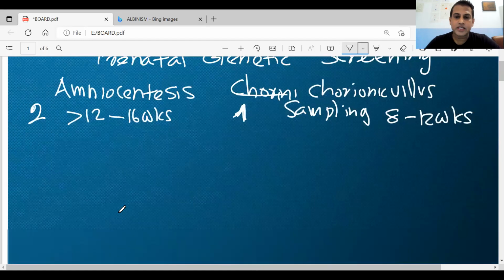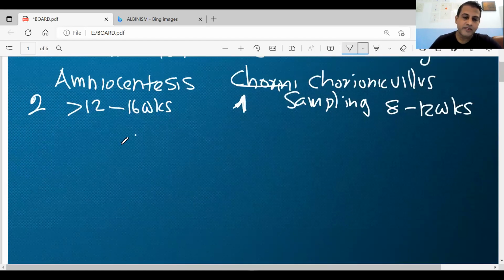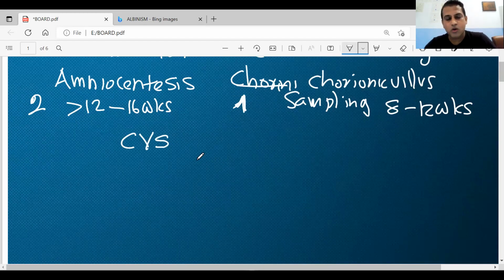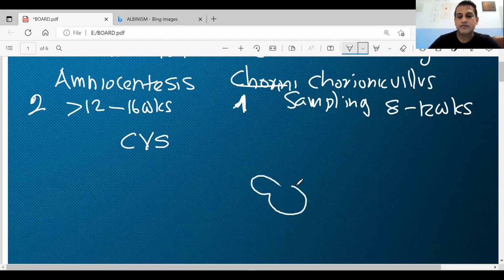Right, I abbreviated this one as CVS, chorionic villus sampling. So how can we understand this? It's like this. Let's say this is a developing fetus, and the fetus is connected to the mother by the umbilical cord.